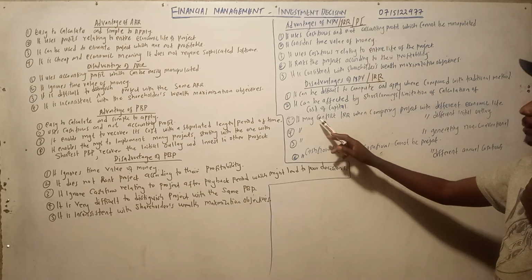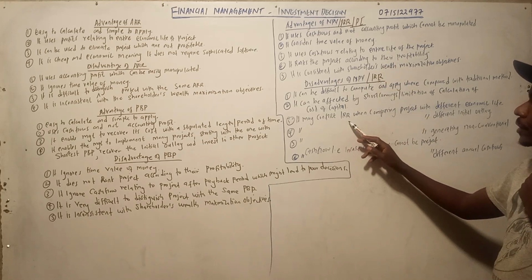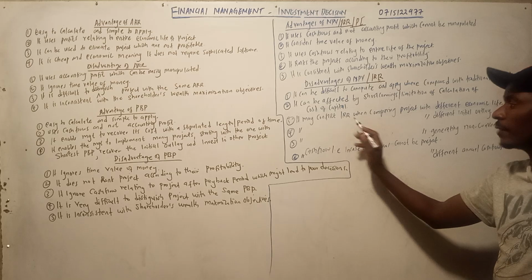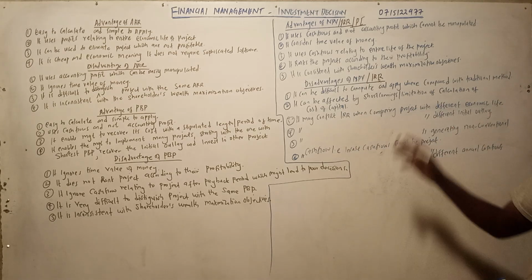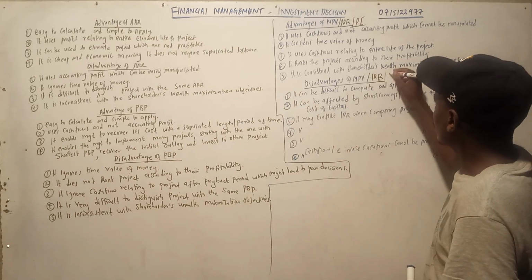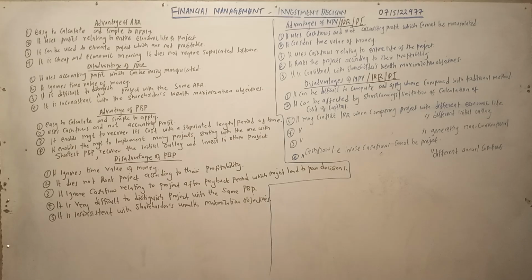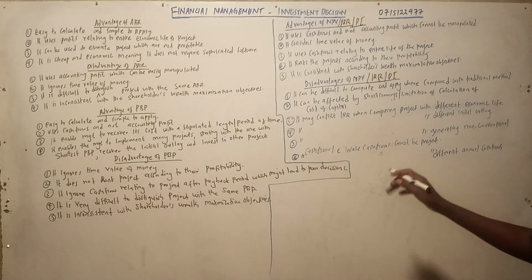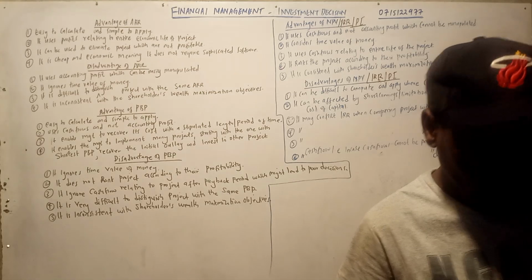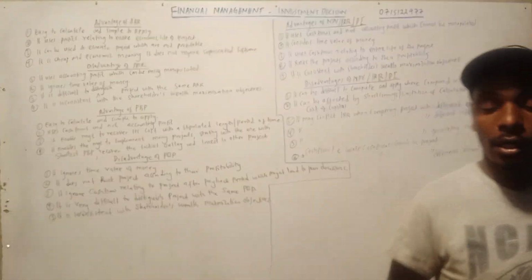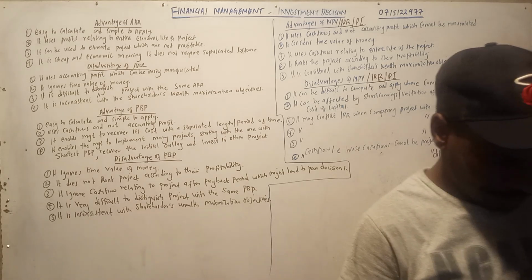For PI you can use the same, either IRR or NPV. So PI is the same. I will also send another note as a supplement. When you want the notes, just text me this number and I will send you the notes.